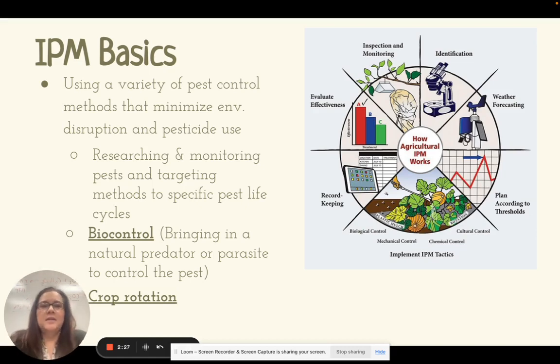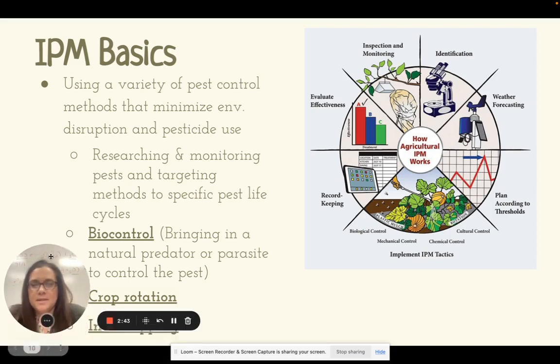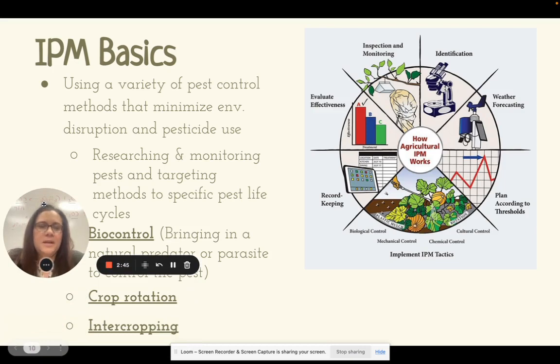So think of now, this is a good bug. I don't want to say we're going to get rid of these, but like monarch butterflies, for example. Monarch larvae will only eat milkweed. If there isn't milkweed for them, they don't survive, right? So again, if we can target and get to know our pests, we can target to that. The other thing we can do is intercropping, kind of as a similar idea.